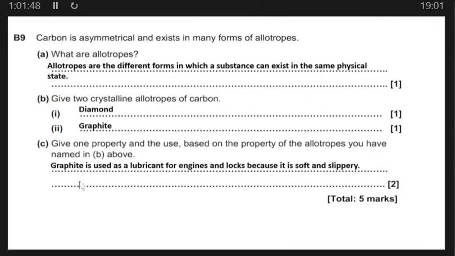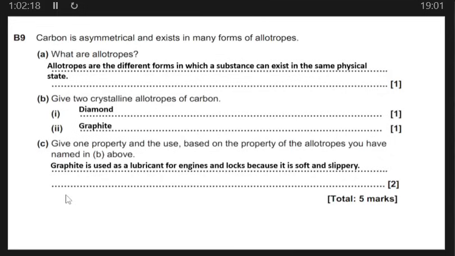So you could have also said graphite is used to conduct electricity in cells, as in electrodes. So graphite is used as electrodes in batteries or cells because graphite is actually a good conductor of electricity.